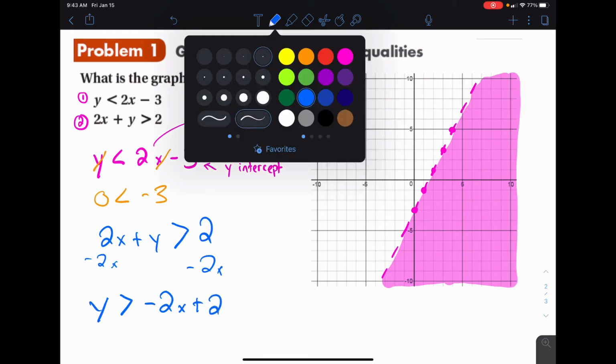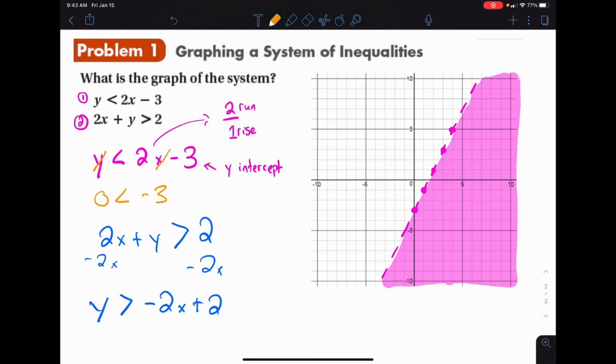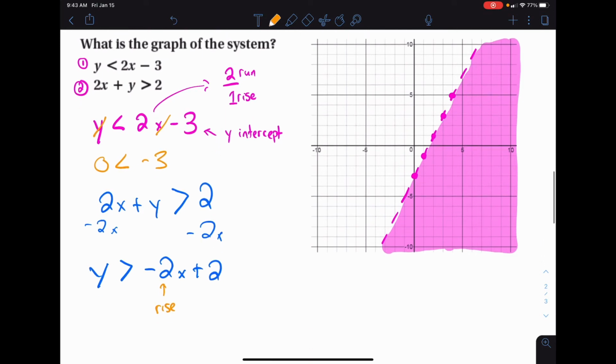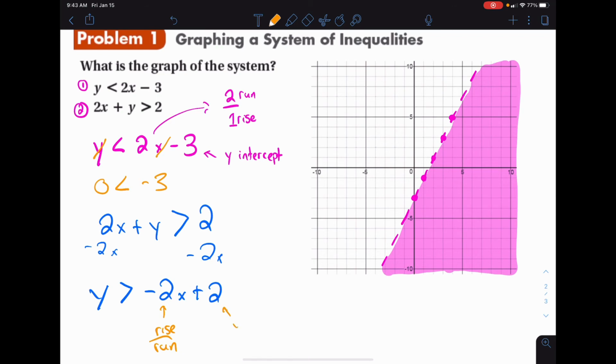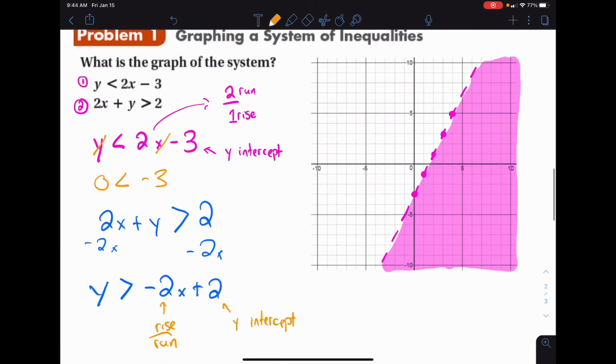I'll remind you that this is our rise over run, which means it's going to be down 2 because it's negative 2, and across 1. And this represents our y-intercept. It remains the same format.